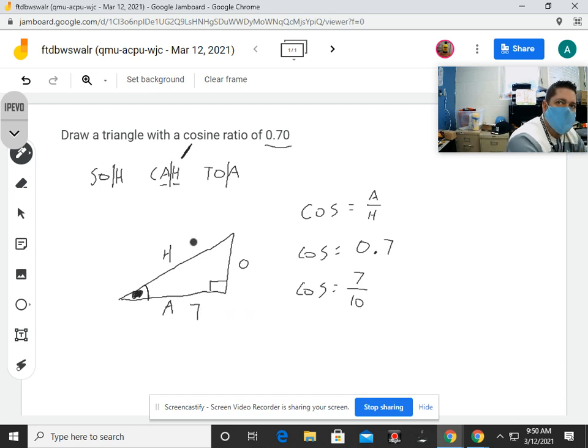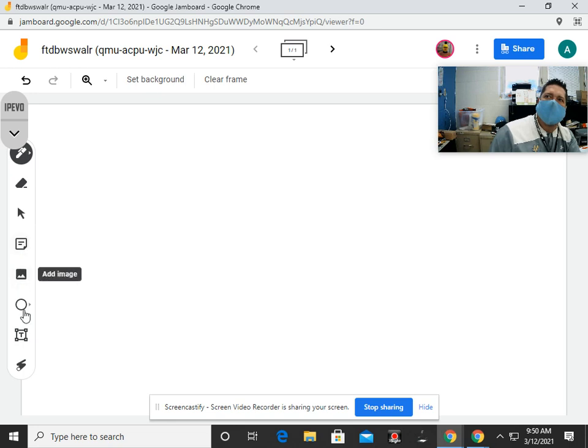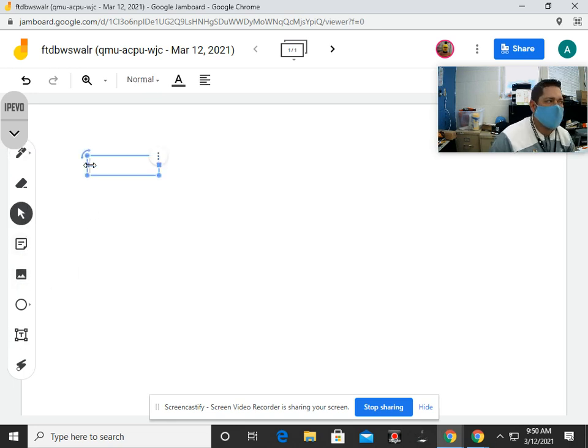And the hypotenuse needs to be? 10. Good. So for the cosine, it's A over H. Technically, if you look at it like this, it's H over A, but you have to flip it.